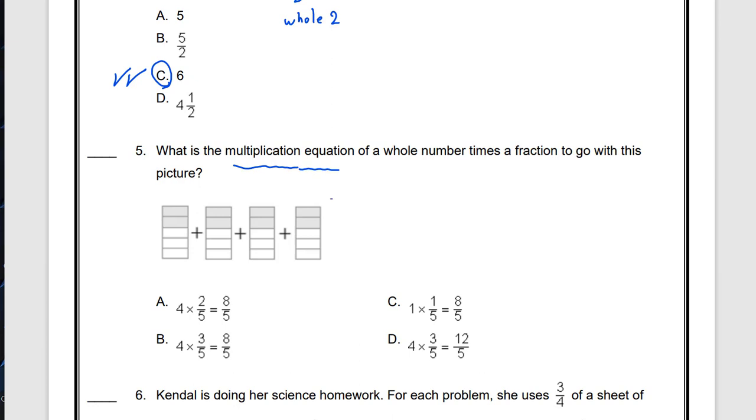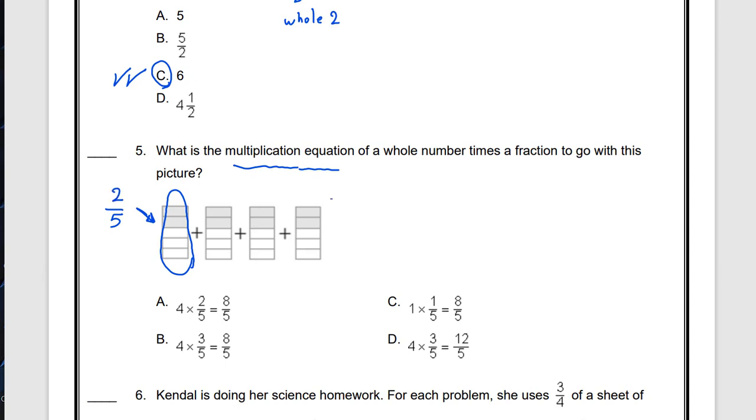My hero, we need multiplication, not addition. What are we repeating? We are repeating this, right? What is this fraction? 5. The denominator is 5, yes. And how many shaded parts? 2. So this is 2/5.